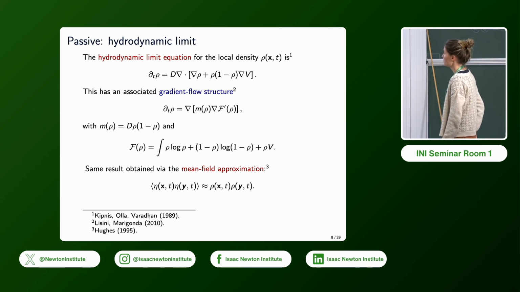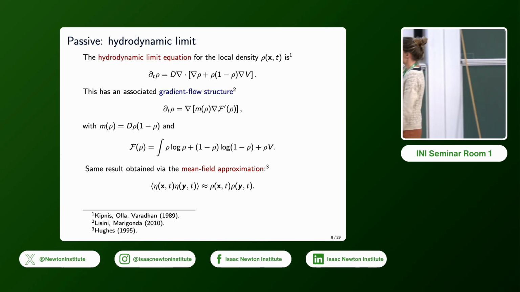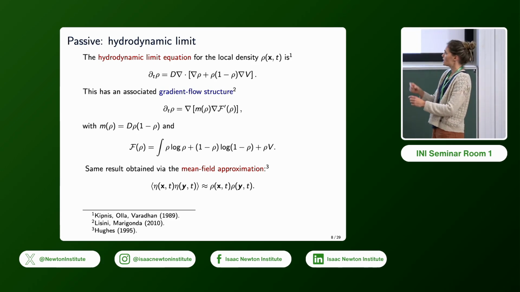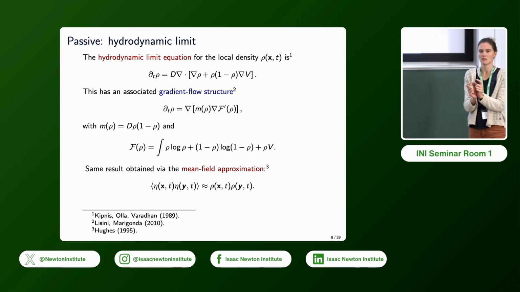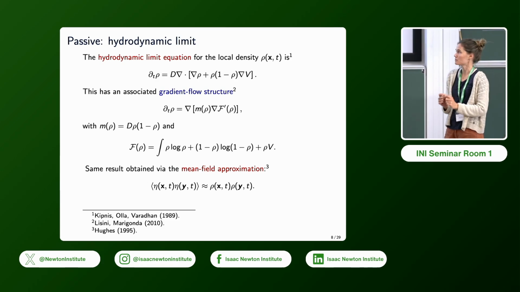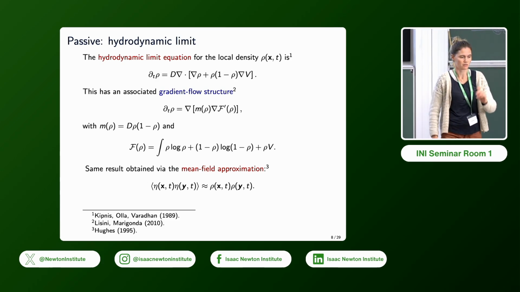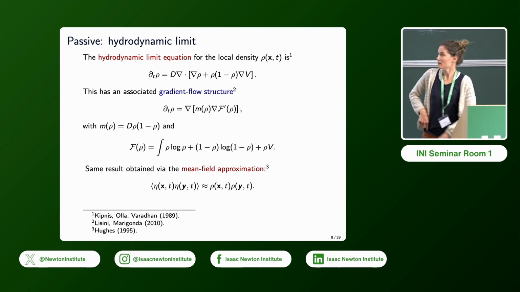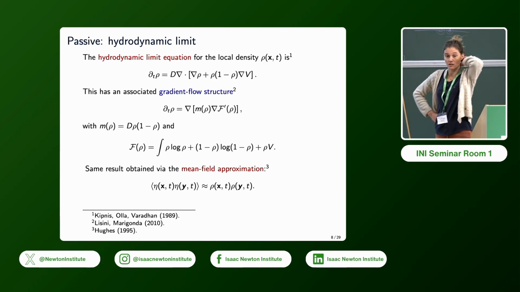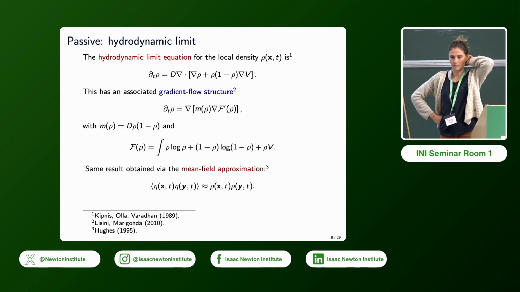But if you did a mean field approximation at the level of the master equation, by saying the occupancies of neighboring sites are independent, and you plugged that into the master equation and Taylor expanded, you would get the same nonlinear diffusion equation in the limit.